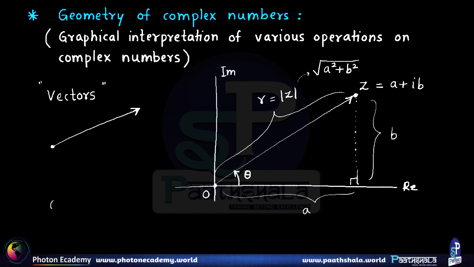Additionally, the angle theta is nothing but the tan inverse of b upon a, because we can see that tan theta is b upon a.